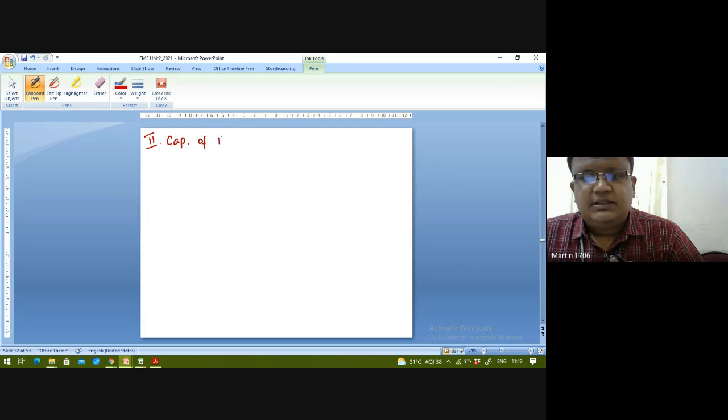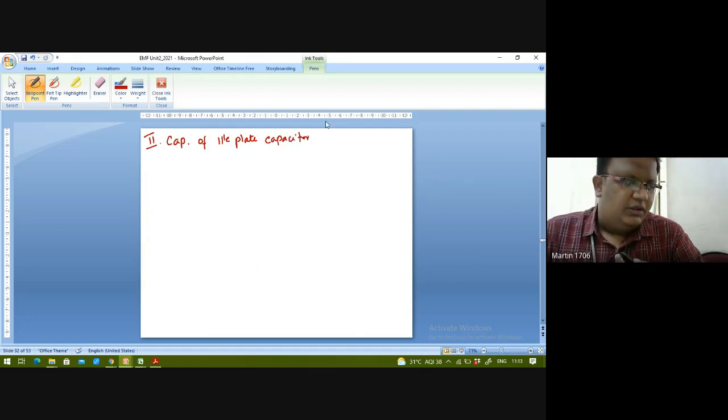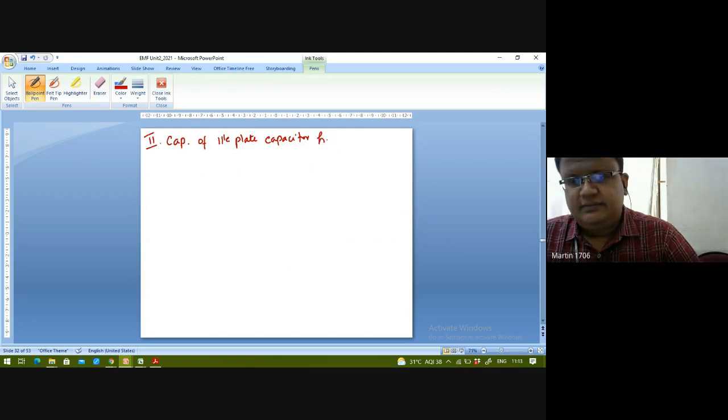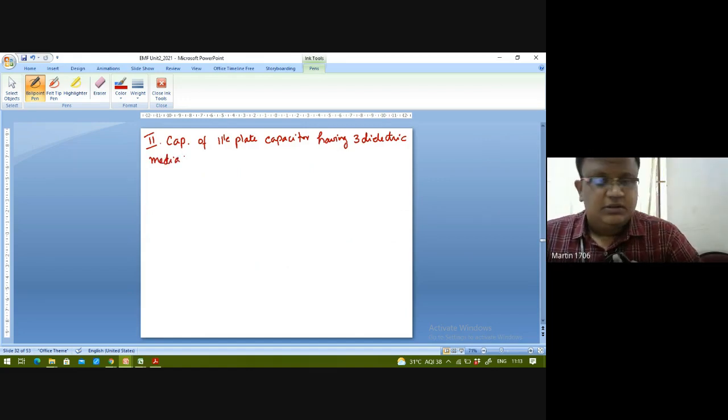The capacitance of a parallel plate capacitor having three dielectric media. That means what?